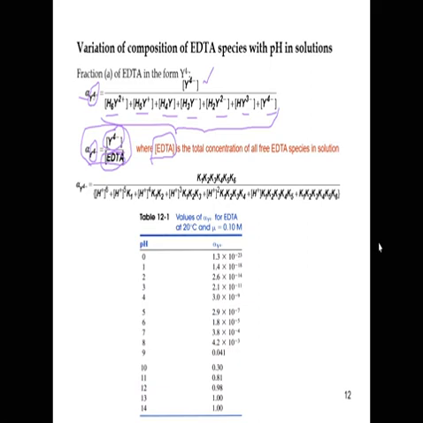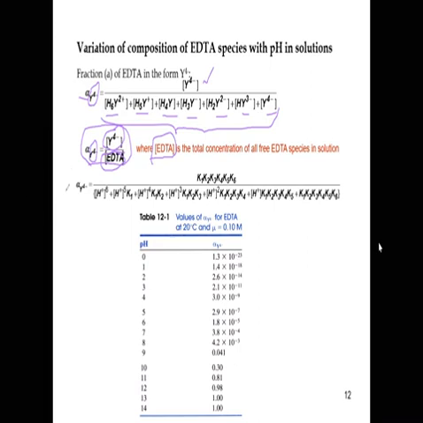What are all the species? All these 7 species. Some of these species may be very negligible, right? The first 2 species may be negligible. It is very important that the 2 nitrogen groups are free and the carboxylic groups are deprotonated for all the 6 binding sites to react with the metal ion, right?